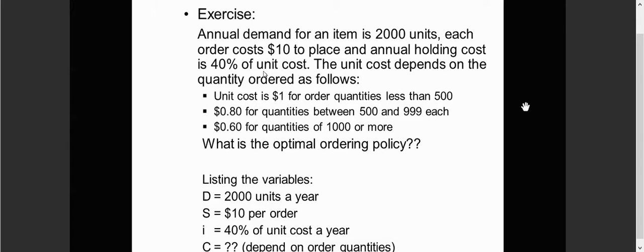Compared to the previous example that we discussed before, the holding cost was fixed at 190 ringgit, right? But for this example, the holding cost is changing based on the unit price. So the step that we used in the previous example is not applicable.